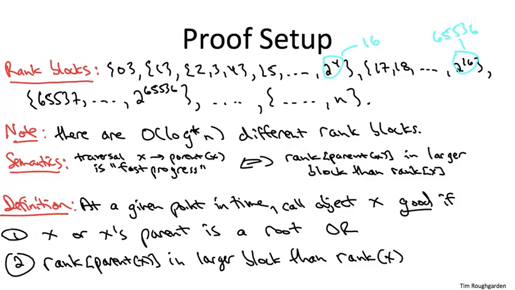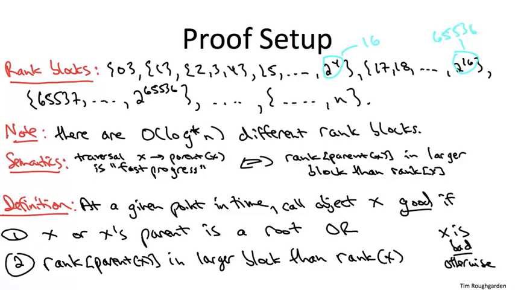If you're a direct descendant of the root, that is, if your parent is the root of your tree, then you're also good. If not, though, if you're deeper in the tree, then you're going to be good if and only if your parent's rank is in a strictly larger rank block than your own rank. So that is, in the previous example, if your rank is 8 and your parent's is 18, then you're good. If your rank is 8 and your parent's is 15 and your parent's not a root, then you're going to be bad.